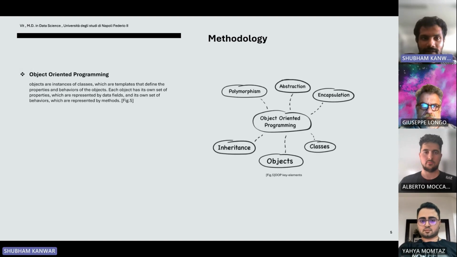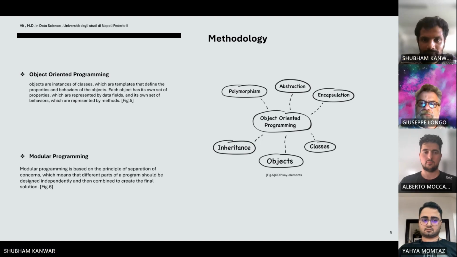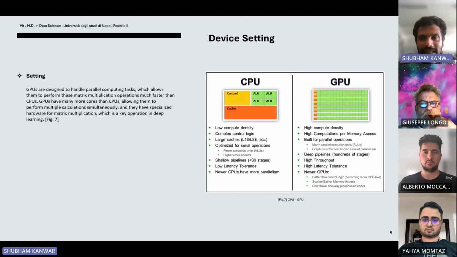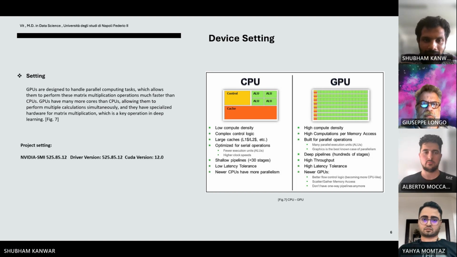For the methodology, we use object-oriented programming, which works very well with the PyTorch framework, and we can also subclass the already written modules of PyTorch. Of course, for this we needed a GPU. So we utilized the Colab Pro GPU to train our models because it was not computationally good to train on CPU.